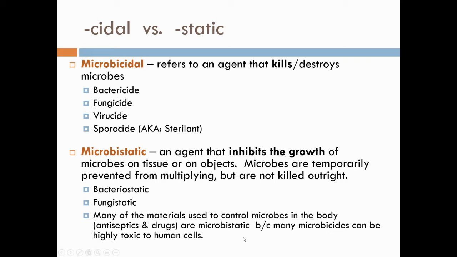So a lot of the materials we use on the human body and in the human body are microbistatic. They prevent the multiplication of those bacteria, keep their numbers from growing, and what that does is buy our immune system time to take care of the infection itself.